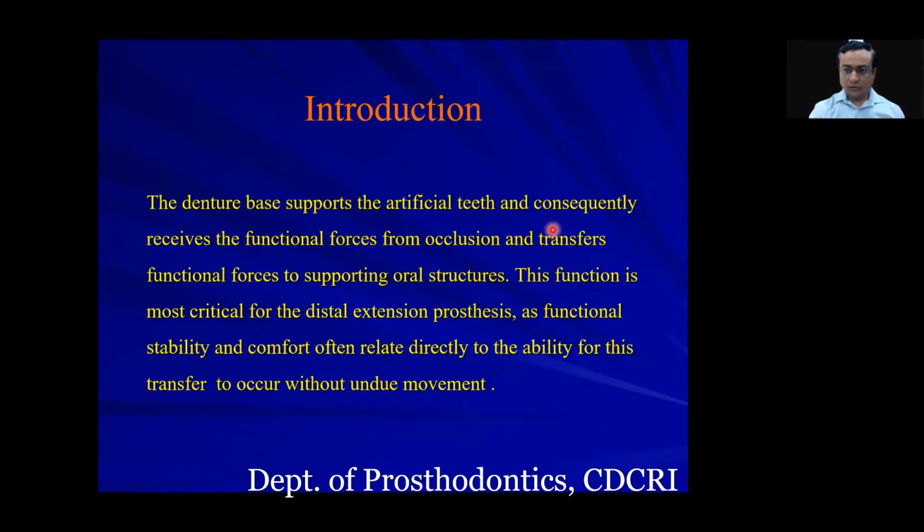So now all of you know that one of the main differences between the removable partial denture and a fixed partial denture is that a fixed partial denture replaces only the teeth, whereas a removable partial denture replaces not only the teeth but adjacent structures also. With the loss of the teeth, what happens?